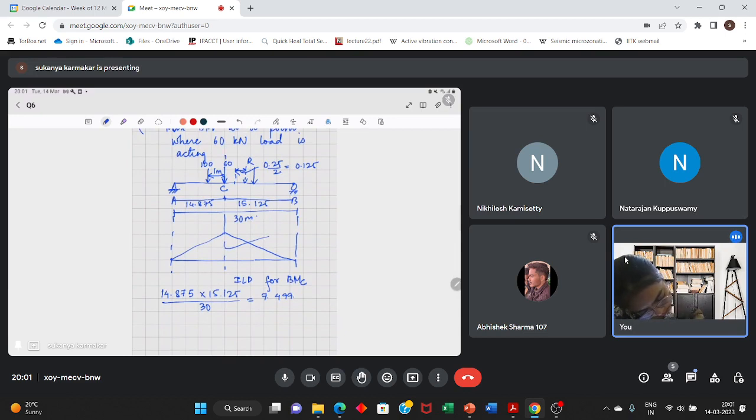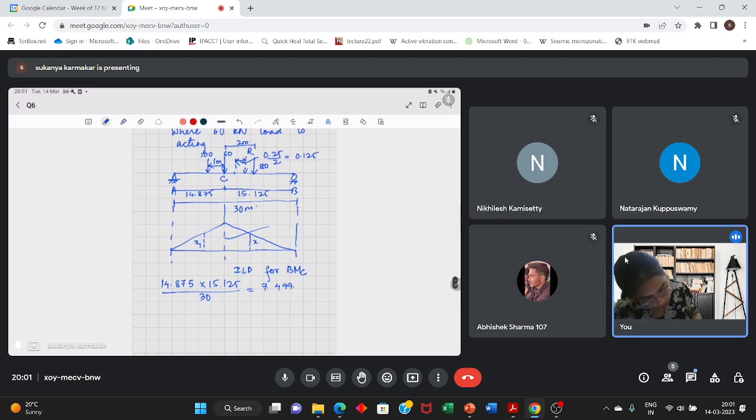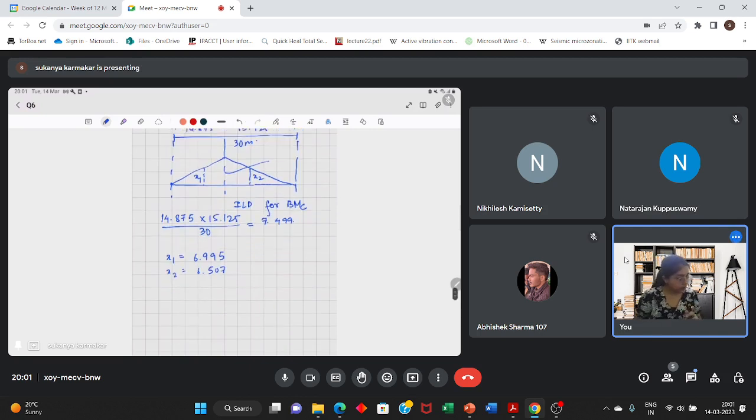Now you'll have to calculate the coordinates x1 and x2. x1 will be equal to 6.995 and x2 will be equal to 6.507. Using similarity of triangle, you can calculate this.